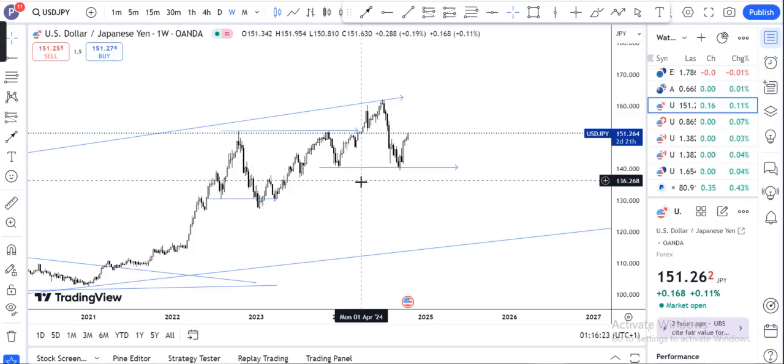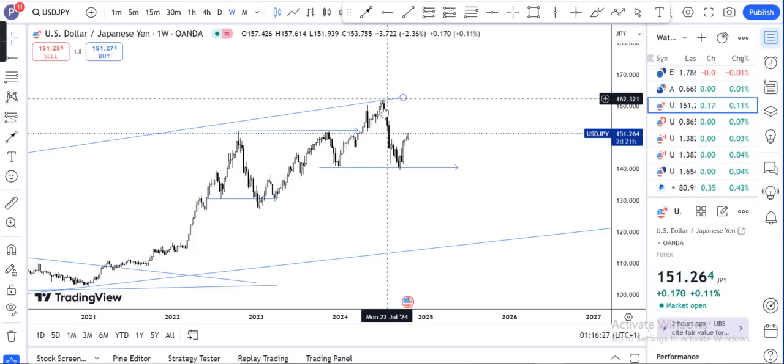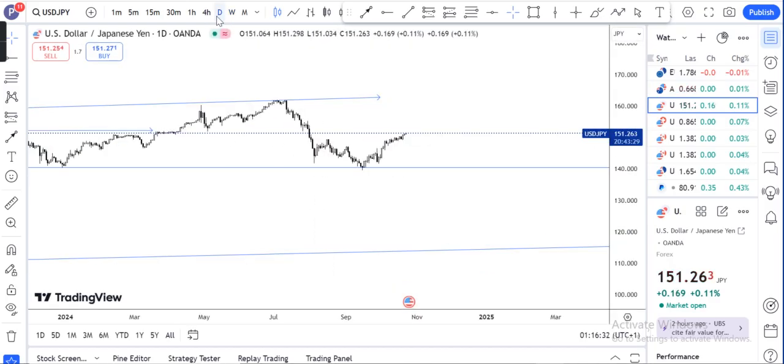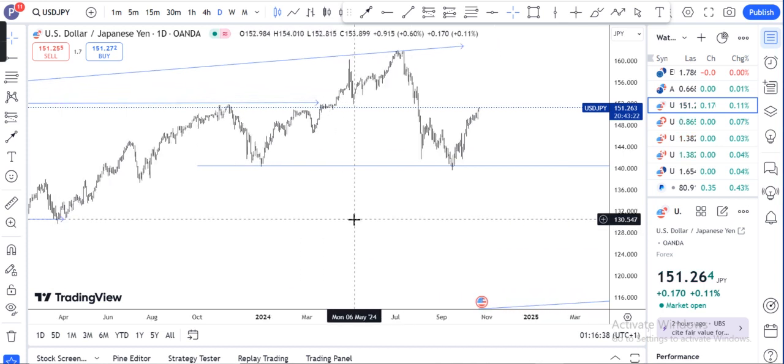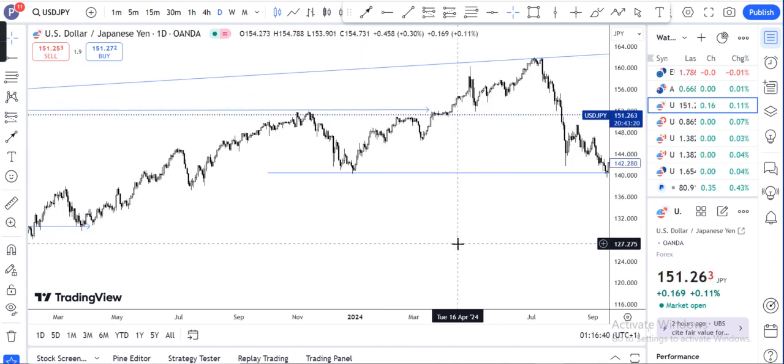Now with this reaction, we will be looking out for the market to get into these highs. But then we would go to the smaller time frame. Now this chart is actually... well, let's see.